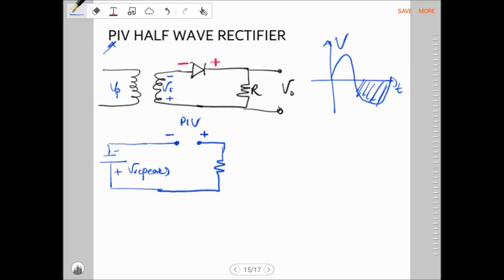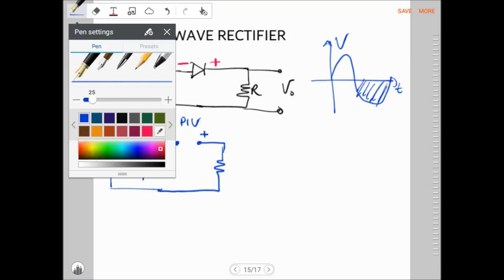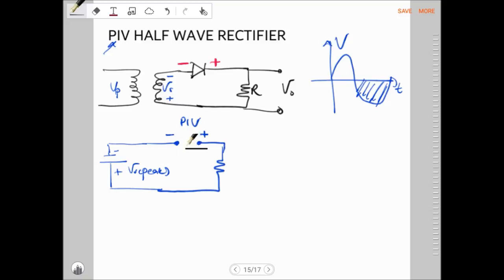If we do a KVL over here, what you will get is plus VS peak, then minus PIV, and then minus IR.